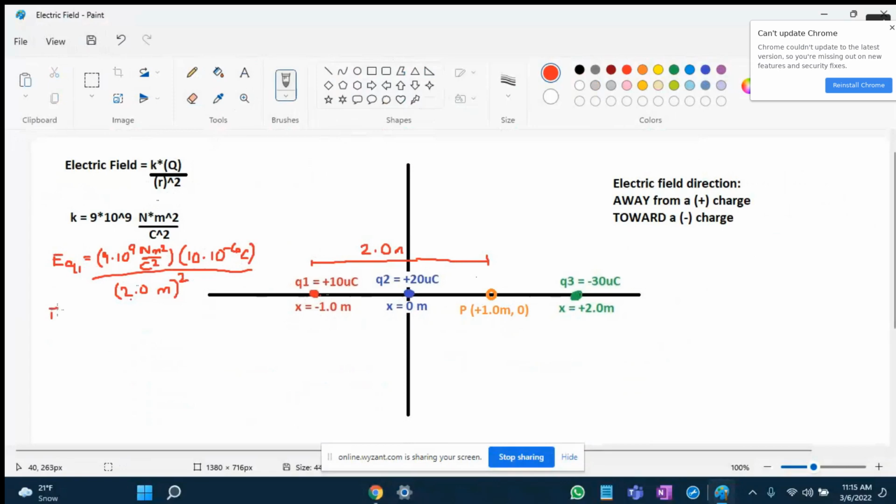So the electric field from Q1 at point P, let's plug that into the calculator.